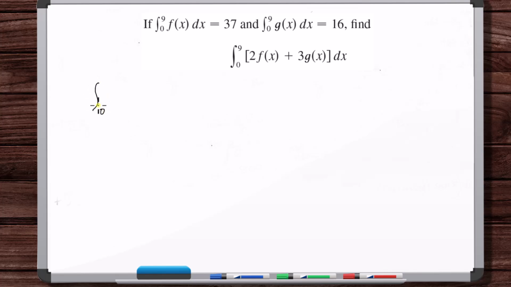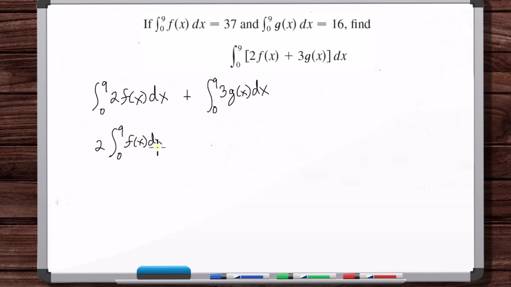So we have the integral from 0 to 9 of 2f of x dx plus the integral from 0 to 9 of 3g of x dx. Okay, now we know we can take these constants out to the front of the integral.